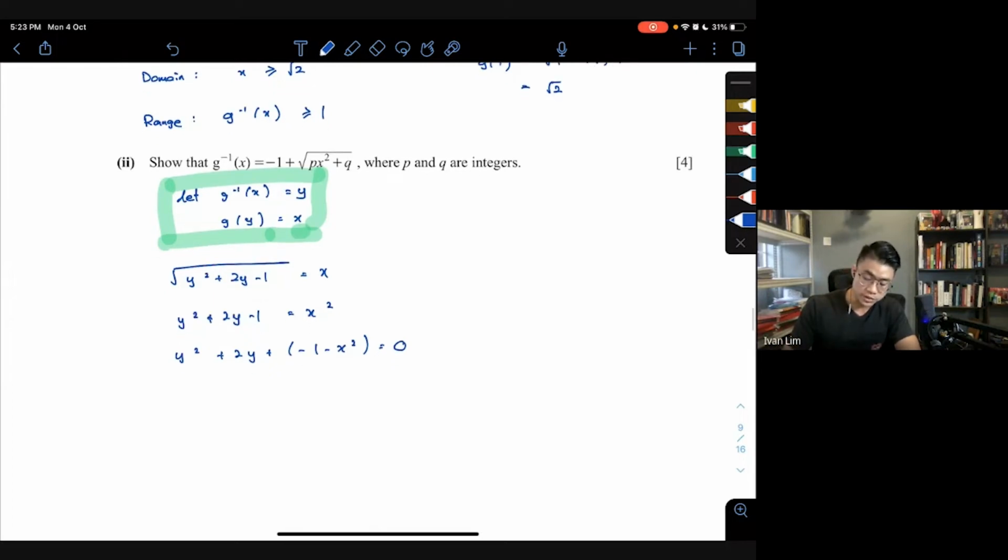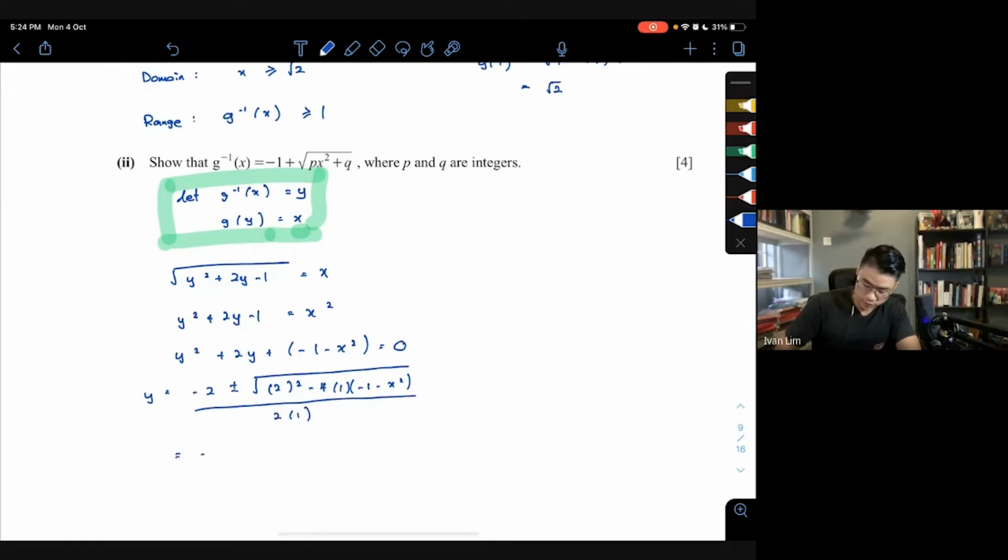So this is in quadratic form, ay squared plus by plus c. Then we use the quadratic formula, because we got an x squared inside there. -2 plus or minus the square root of b squared minus 4ac, over 2a.